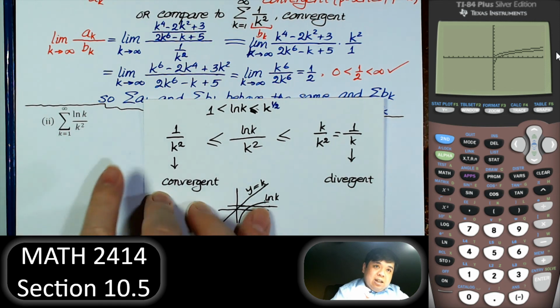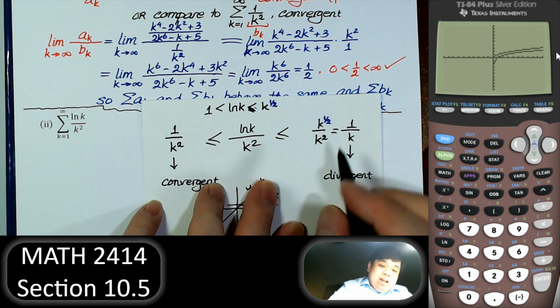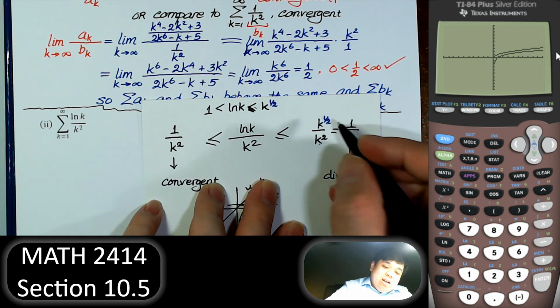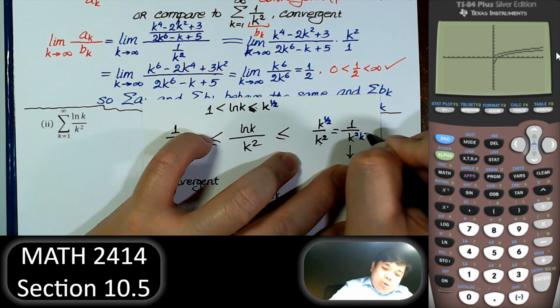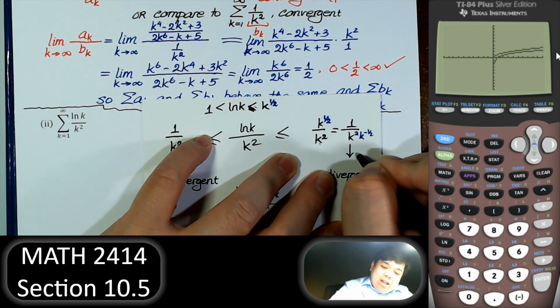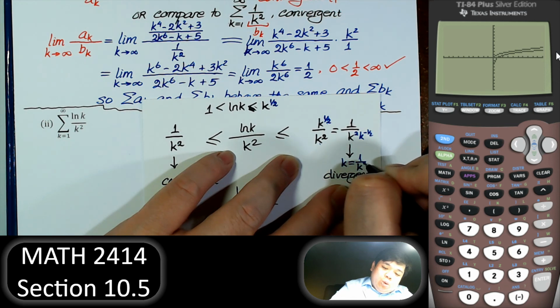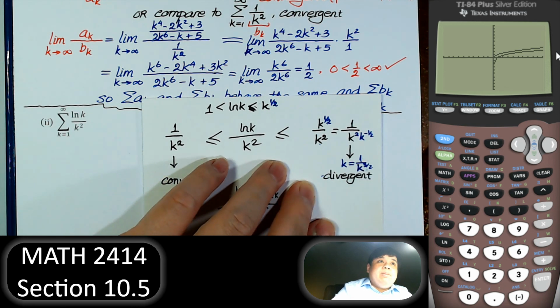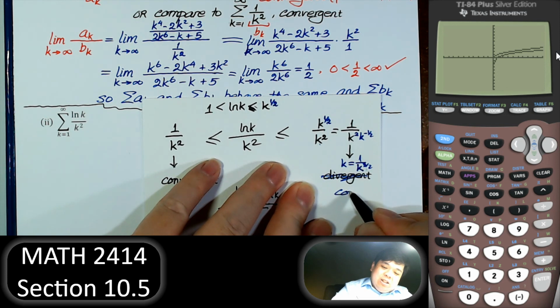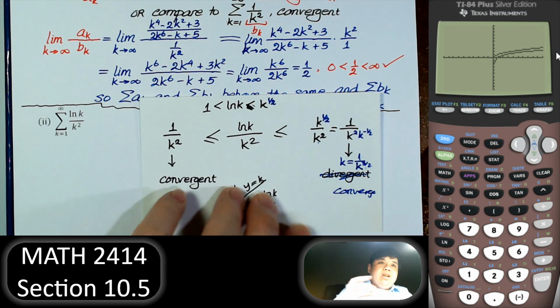So in that case, if it is 1/2, then we simplify this. Move the k to the 1/2 at the bottom, it becomes k to the negative 1/2. So that gives us k to the 3/2. Now that k to the 3/2 is actually convergent because that is bigger than 1. So this one is convergent. And yes, we see that it is less than convergent, so this is convergent.